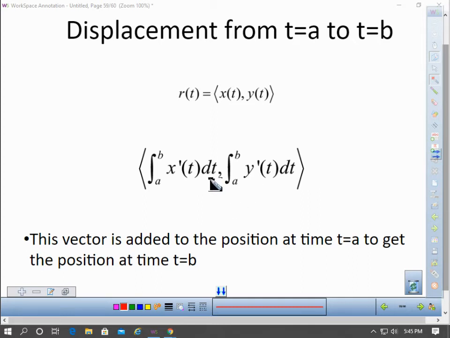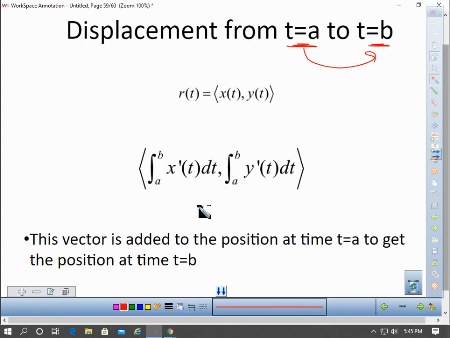This is going to give you a change in position. So it tells you how your x component changed and how your y component changed. This vector has to be added to your position at time a to get where you are now at time b. So this just tells you your displacement, how much you've moved.